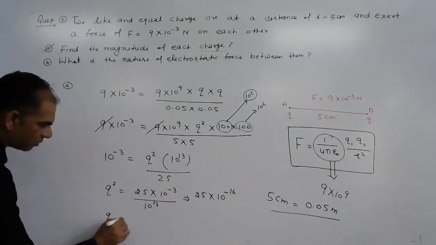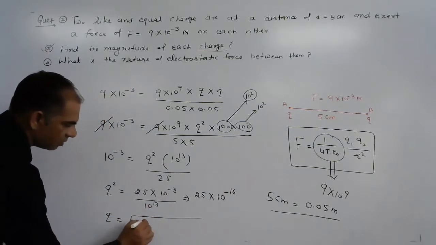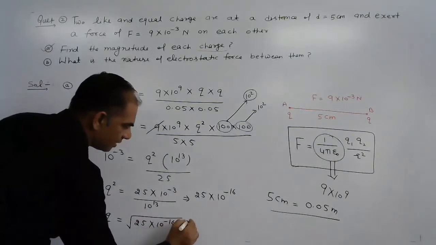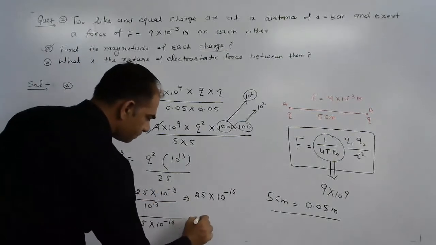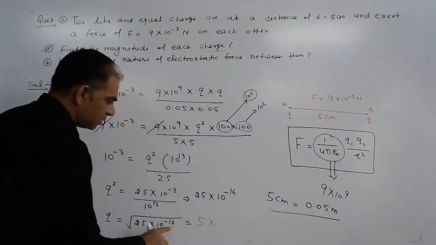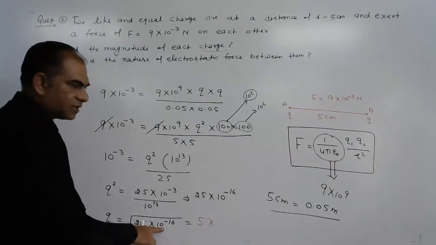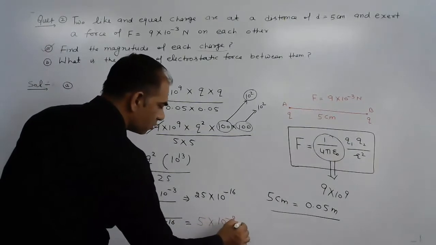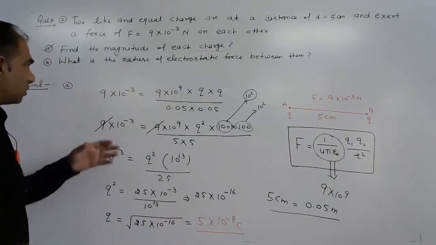We take the square root because we want to find the value of Q. We take the square root of 25 into 10 raised to power minus 16, and the final answer is: square root of 25 is 5, into the root of 10 raised to power minus 16, which is 10 raised to power minus 8 Coulomb. This is the answer.